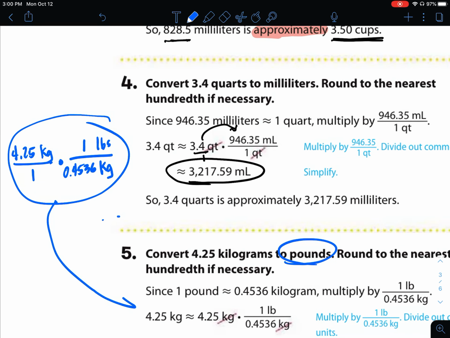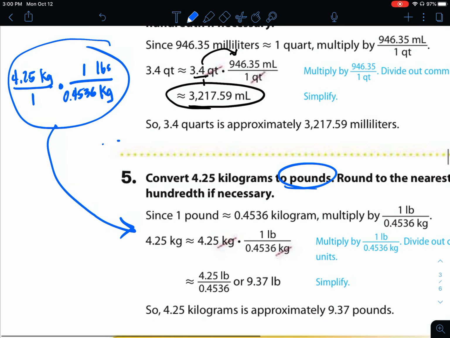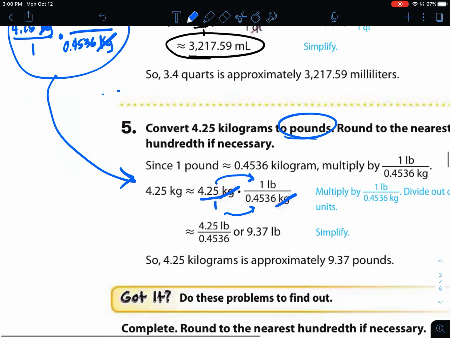Okay, so this is actually what happened here. If you notice, this is over 1, and we cancel out our kilogram just like we're doing here. Now you are dividing 4.25, because 4.25 times 1 is 4.25 and 1 times 0.4536 is 0.4536.